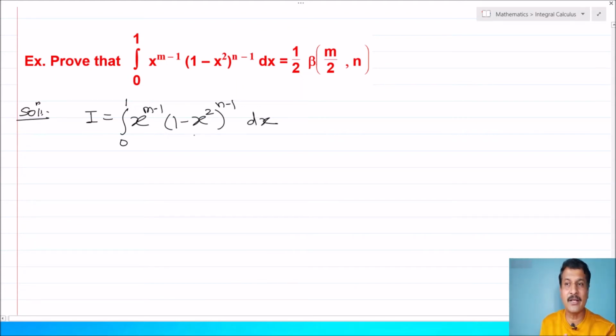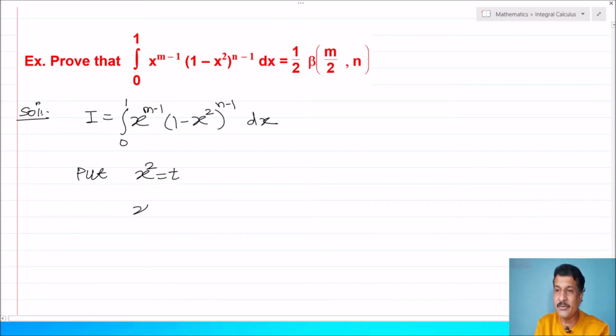So here x square, so the substitution is x square equal to t. So put x square equal to t. In beta and gamma functions, remember the substitution part is very important. If we are able to substitute the correct thing, then it is very easy, by using the properties or the definition of beta and gamma functions, to evaluate that particular example.